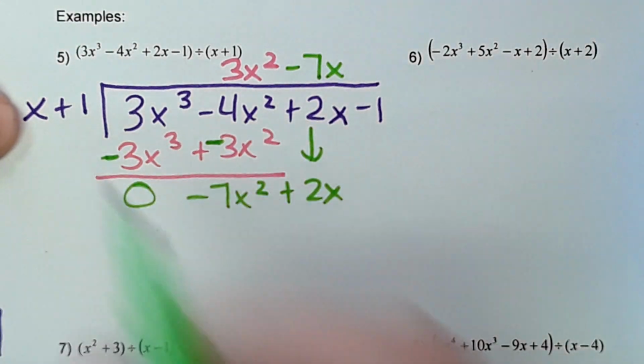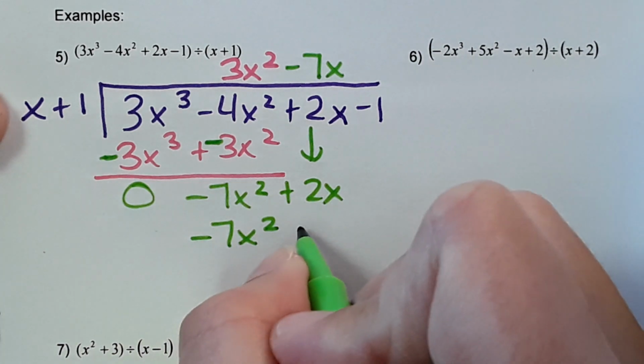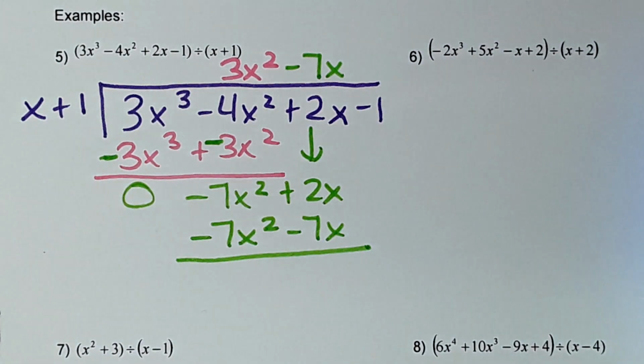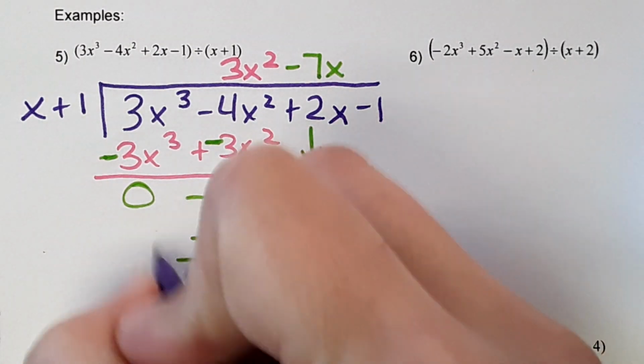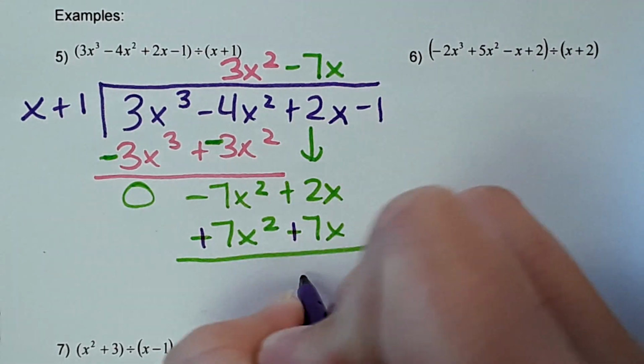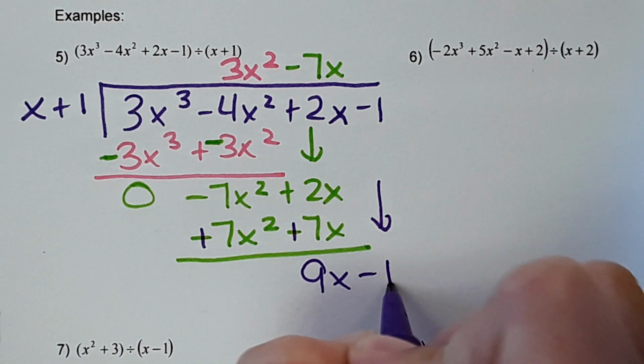Negative 7x times x would be negative 7x squared minus 7x. Then we're subtracting this whole thing, so we need to change the signs. This cancels, we get 9x here. Bring down the negative 1.